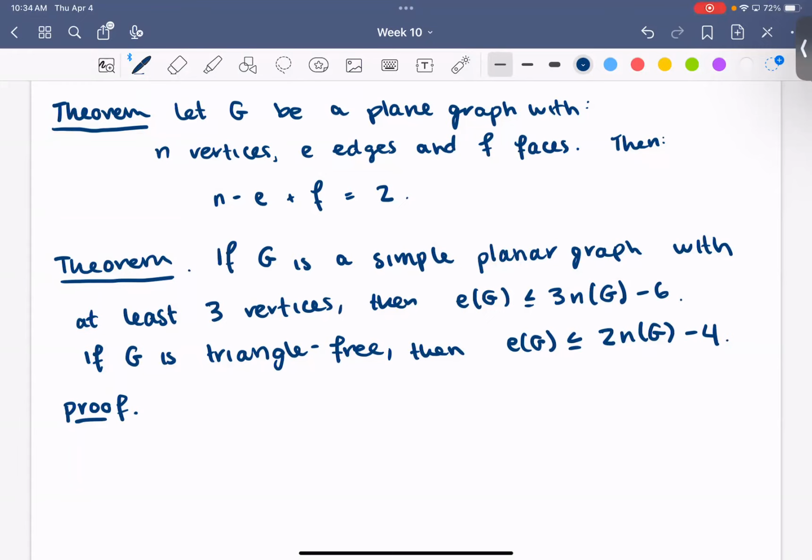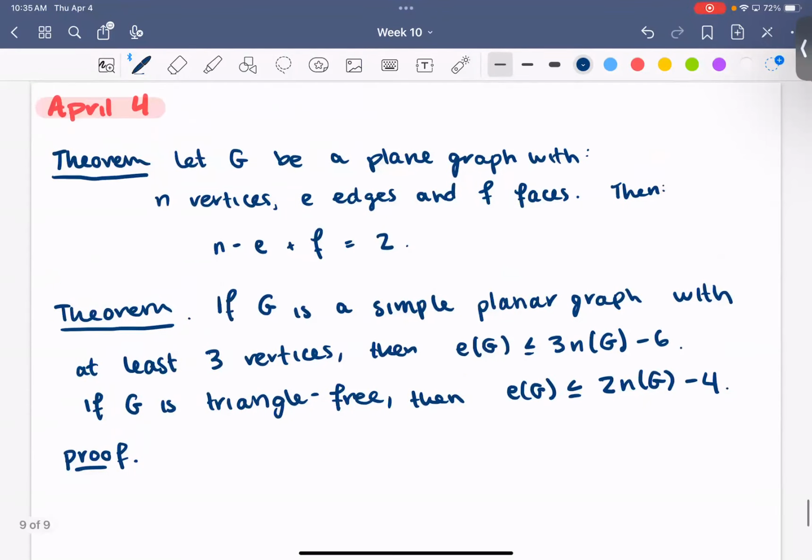Okay, so the first observation is that it suffices to only consider, so for Euler's formula, oh shoot, sorry, in my recap of Euler's formula, I left out a condition. We need this to be connected. And I think last time we also said it needs to be non-empty.